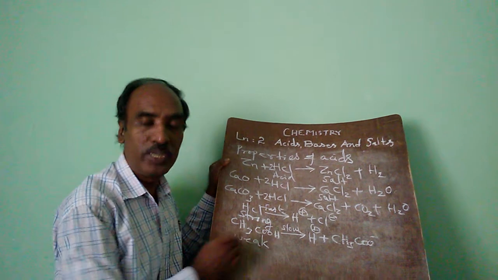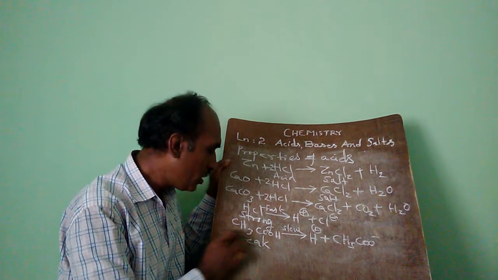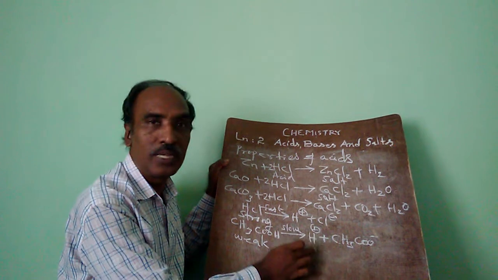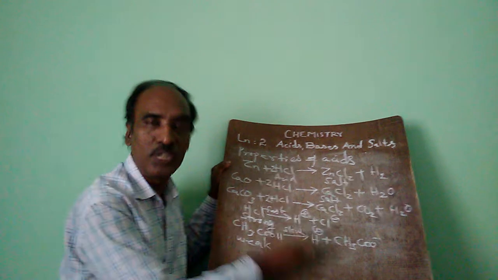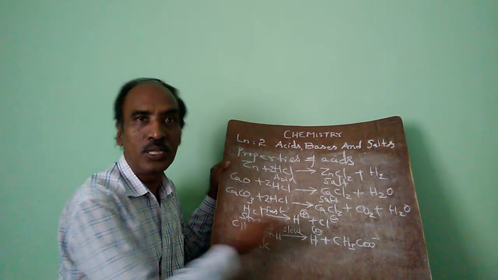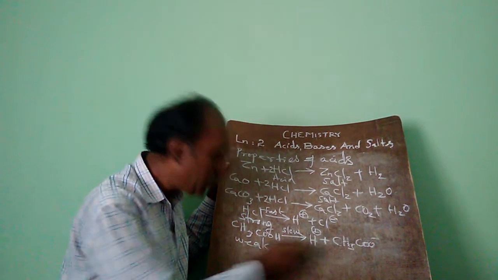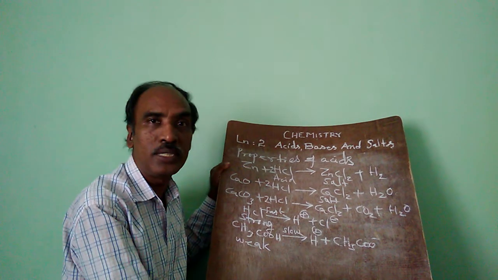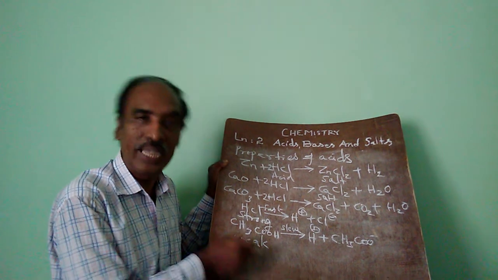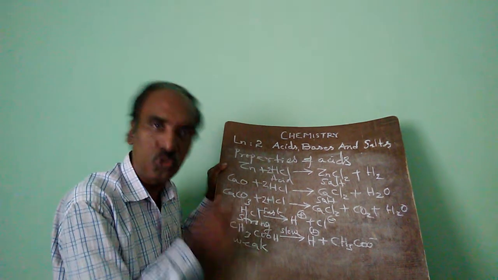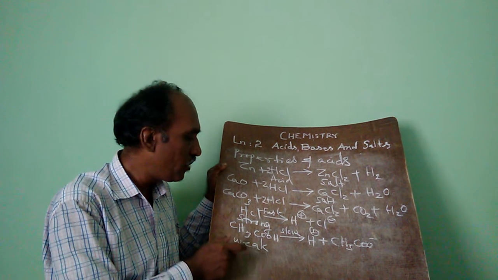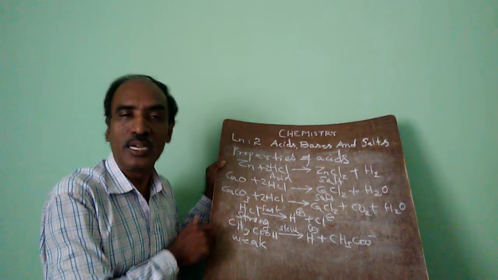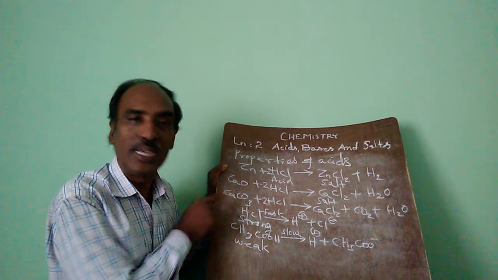This is also an acid, but the H plus release is very slow. If H plus is released slowly, it will react slowly. The activity of acetic acid will be slow. That's why it is called a weak acid. Now you know the difference between strong acid and weak acid.